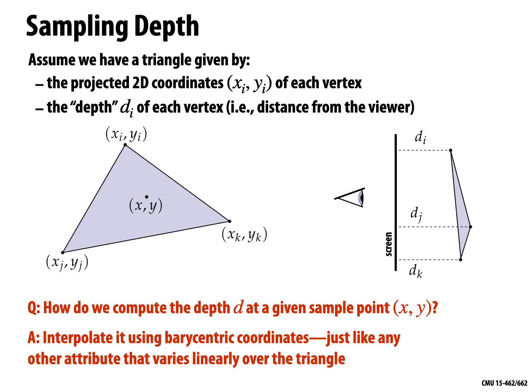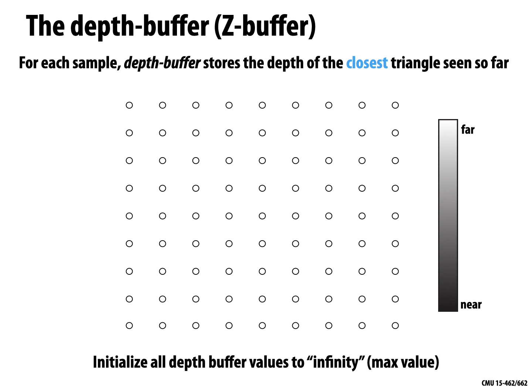And the solution to this is a very nice idea called the depth buffer or the Z buffer. So the idea of the depth buffer is that at each sample point, in addition to a color, we're also going to keep track of the depth of the closest triangle or the closest primitive seen so far.